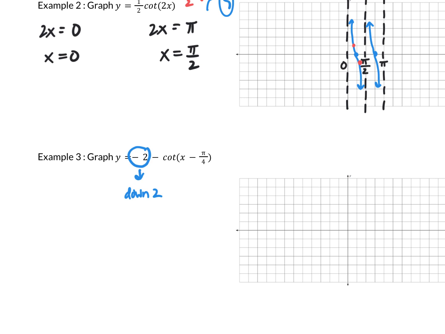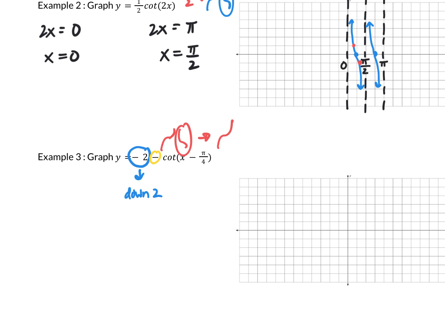Am I going up to the right or down to the right? Down to the right. But then I have this negative in front of it. What is that negative going to do? It's going to flip it. So this is actually going to become a graph that looks like this. We're flipping that over the x-axis. Okay? So that's what our end function graph looks like.